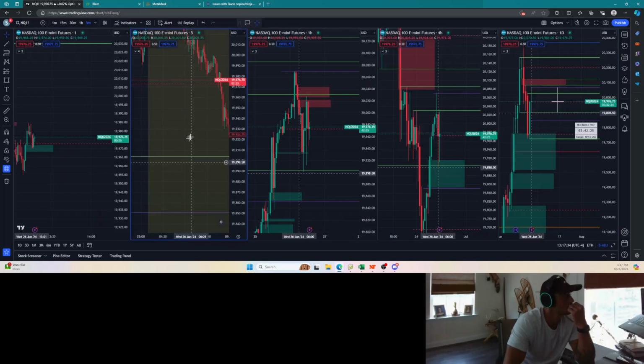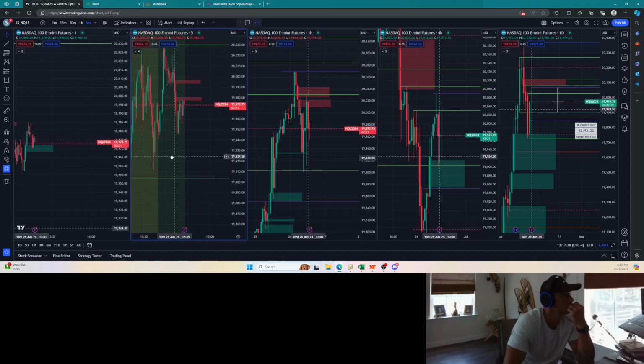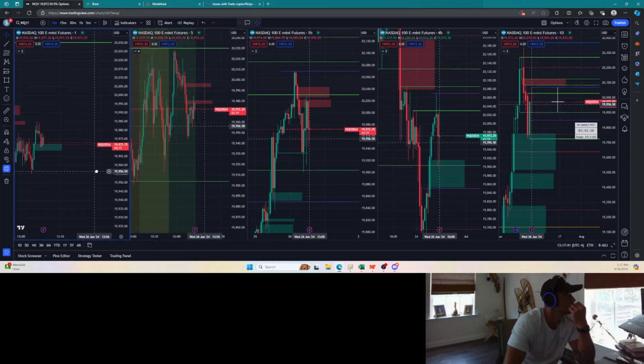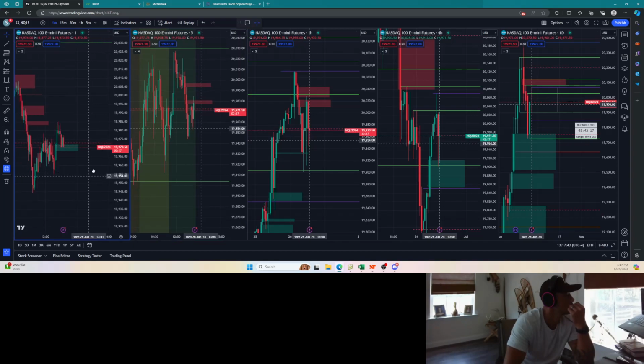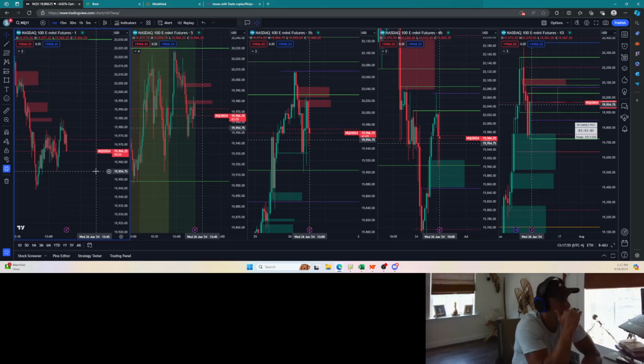Let's see. What's price doing right now, by the way? Nothing. Sideways. Yeah. So, anyways, that's my game in a nutshell. The only levels I mark anymore are opening print, overnight high and low, daily high and low on the most recent days.